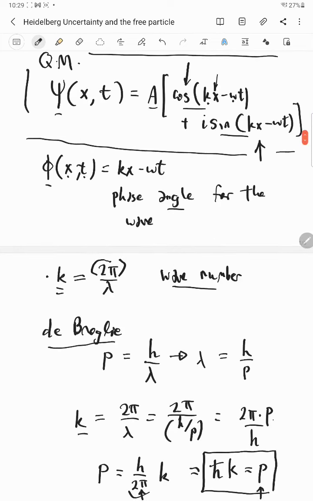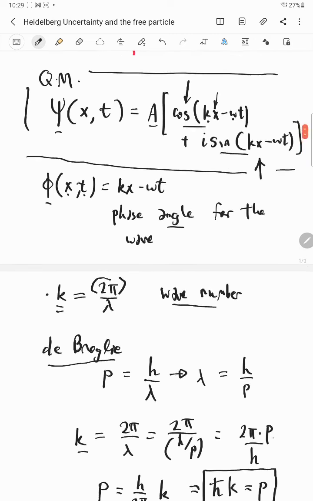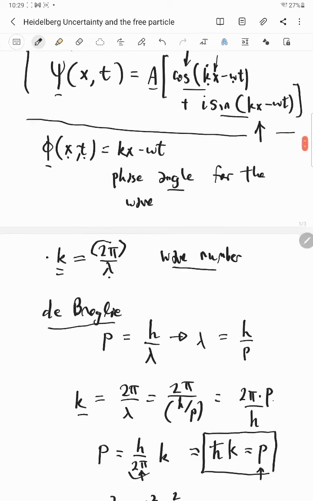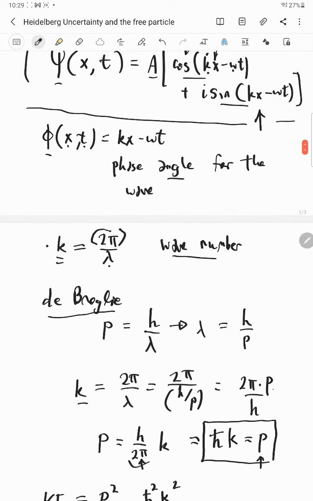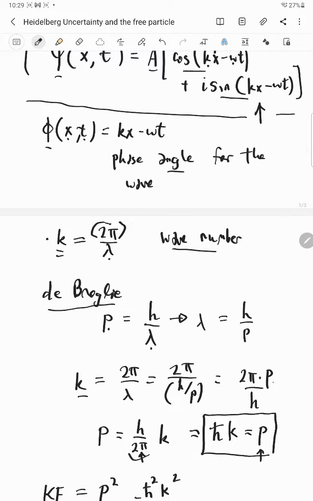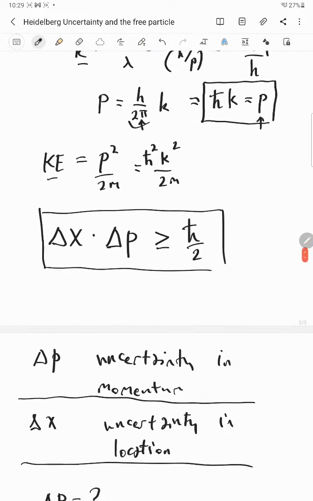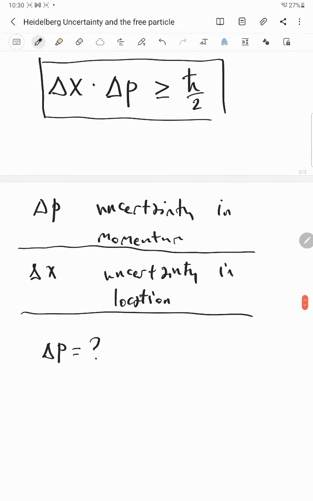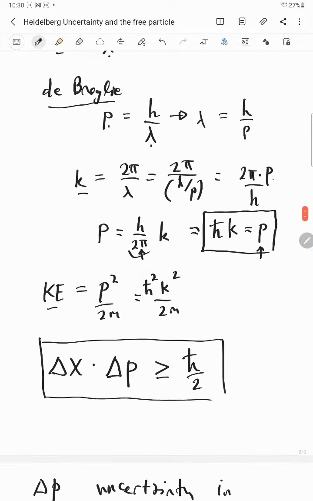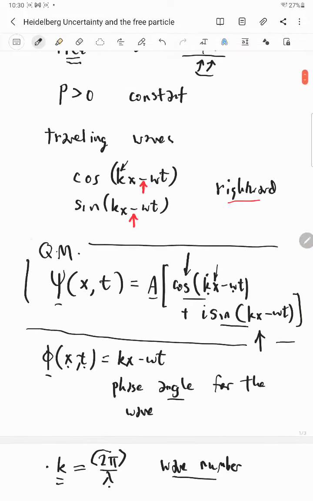That is, I am imagining putting in a particular value of k, which means a particular value of the de Broglie wavelength. And if I have a specific value of de Broglie wavelength, I have a specific value of the momentum in mind.